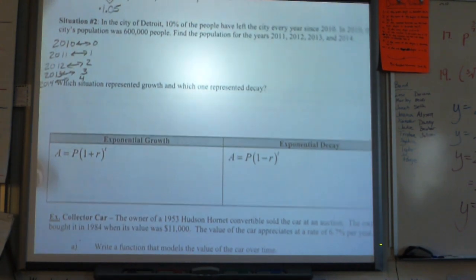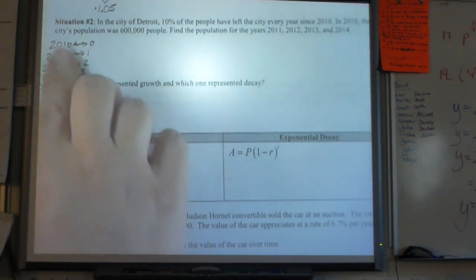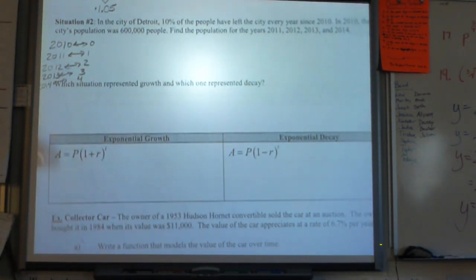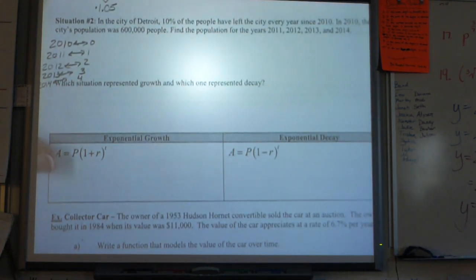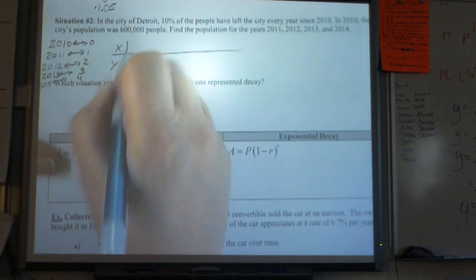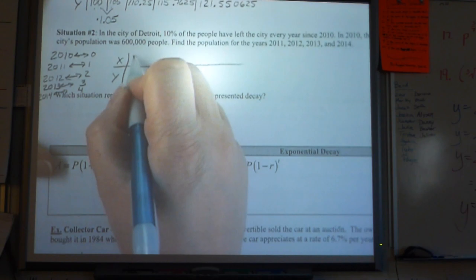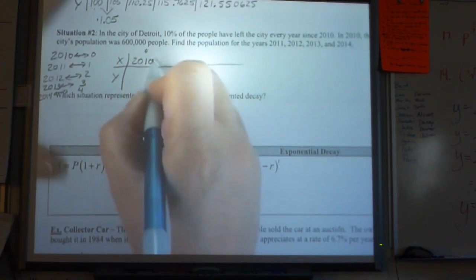We want to remember that when we get to the formula, we're not going to be putting these numbers in. We're looking at elapsed time, or time that has passed. So in the beginning, in 2010, you can call it year 0. I'll put a 0 up here. That's my starting point.